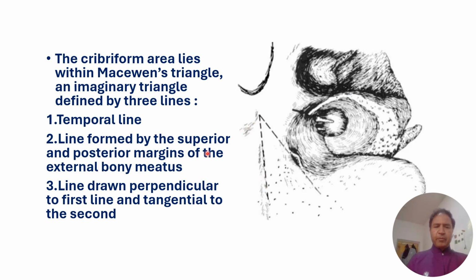The second line is formed by the superior and posterior margins of the external auditory canal. The third line runs perpendicular to the first line and tangent to the second line, like this.